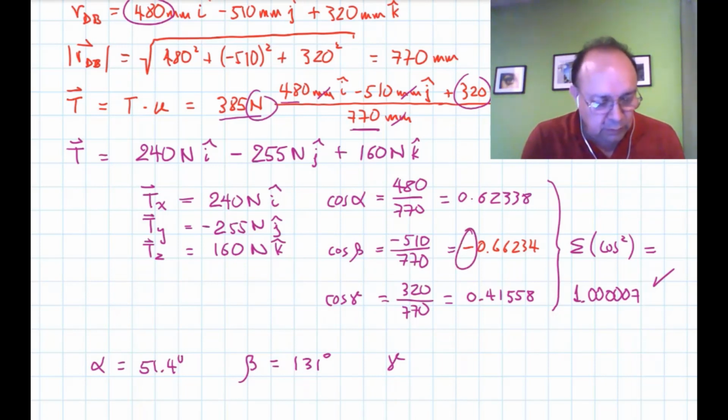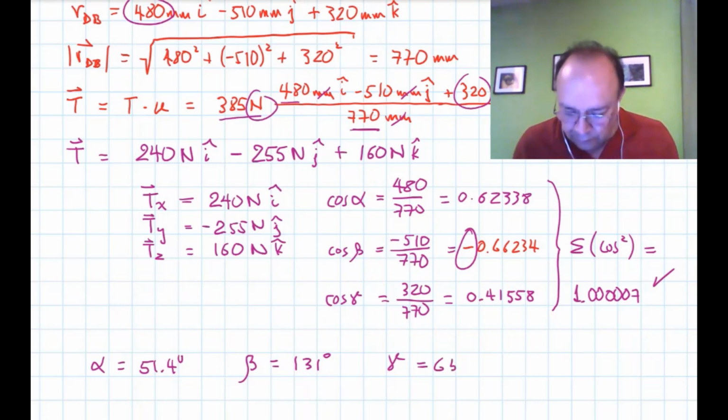Gamma is the arc cosine of 0.41558, 65.4 degrees.